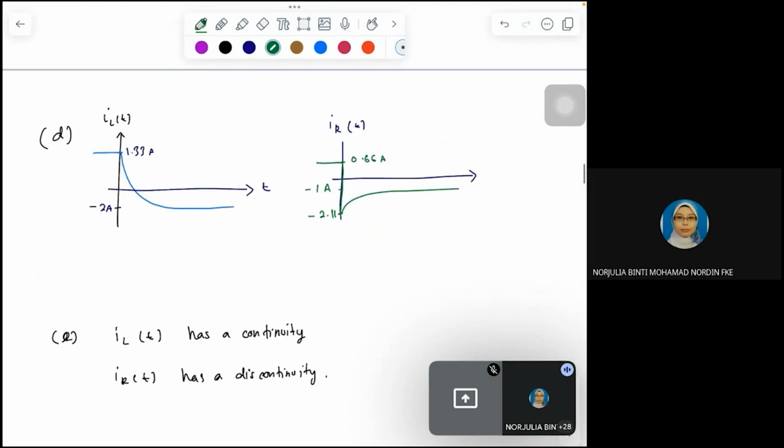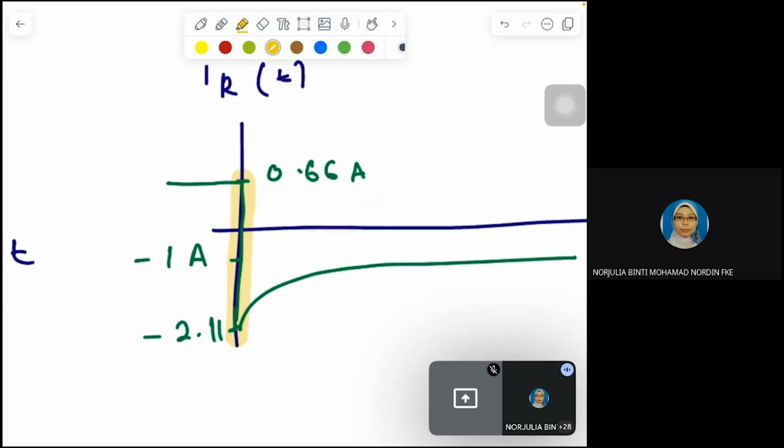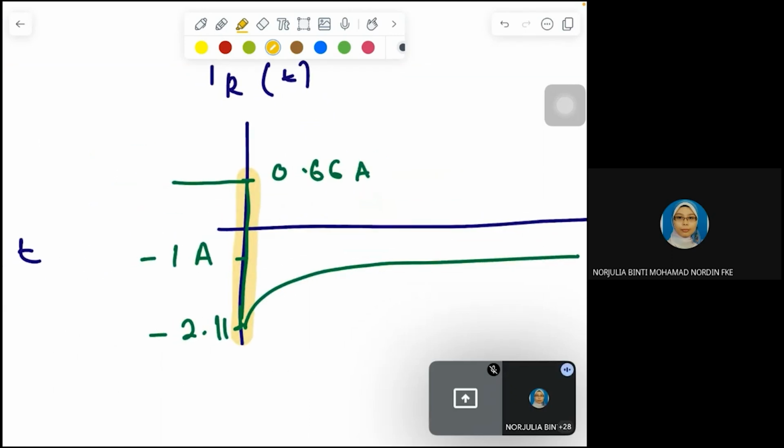How can we say that the resistor current has a discontinuity? Look at this area. There is one moment where there is no voltage or no current, at this area that I highlighted in yellow.